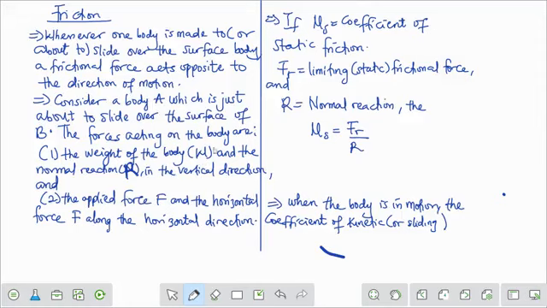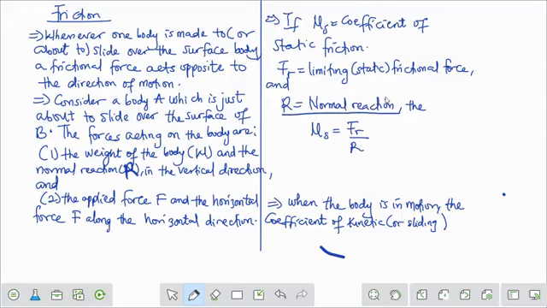Now, if mu s is the coefficient of static friction, then Fr is the limiting or static frictional force, and R is the normal reaction.